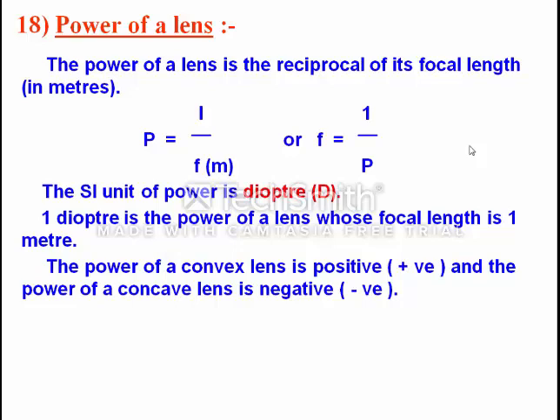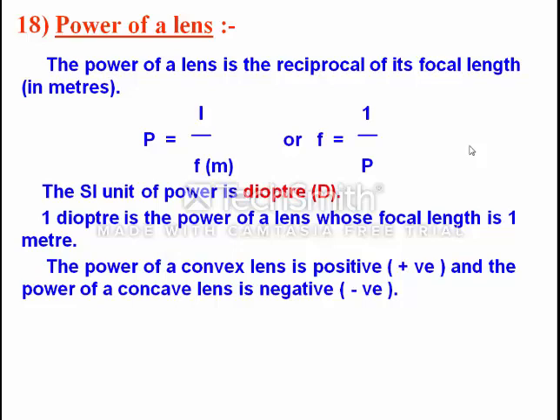Now we all know that in the case of convex lens focal length is positive, and in the case of concave lens focal length is negative. We have seen this in the sign convention. So if the power of the lens is positive, then it is a convex lens.